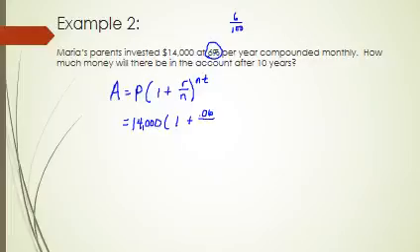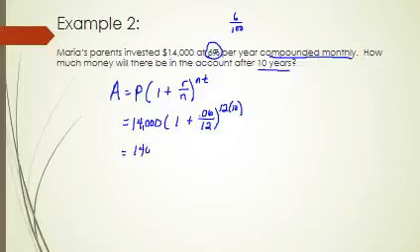Divided by N, and N is how many times that was compounded per year. And we see that it was compounded monthly. Well, if it was compounded monthly, that means that is 12 times a year. So that's going to be 12 there, and then 12 times our time here is 10 years. So 12 times 10.